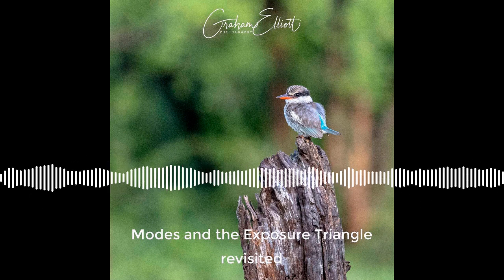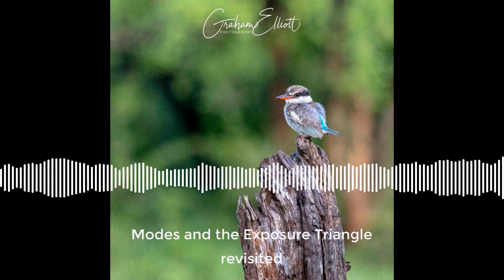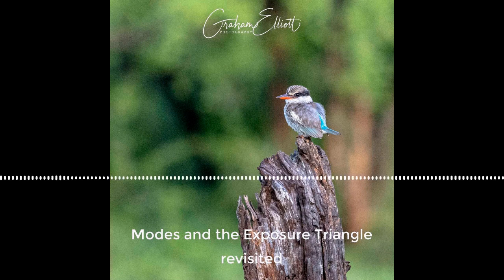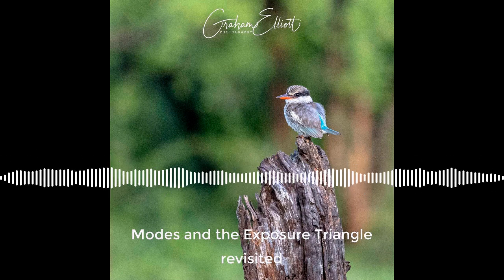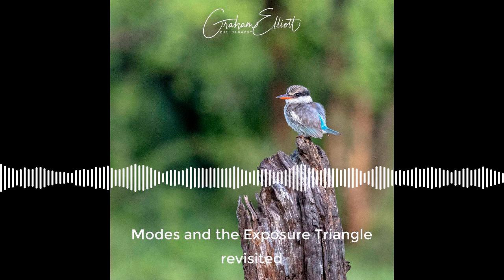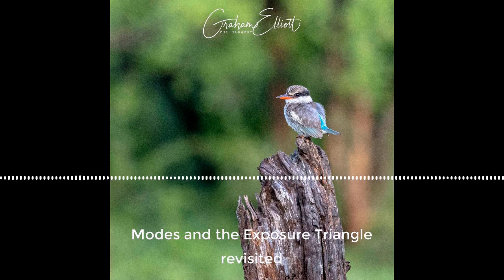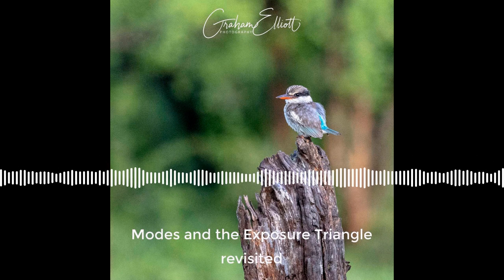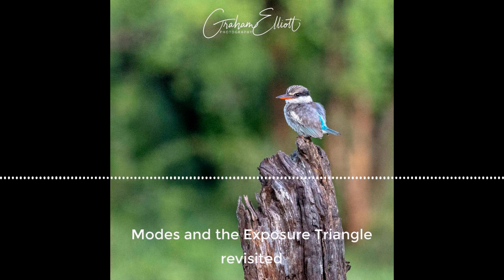You've got a blurry background, you've got wheels maybe that are blurred, or you've got a propeller disc. So if that's your priority, if it's about getting movement in the image, then shutter speed is most important to you. So that's going to drive the other settings. And obviously there's a bit more to it than that, but for the purposes of this, just to give you a brief introduction, this is how it works.